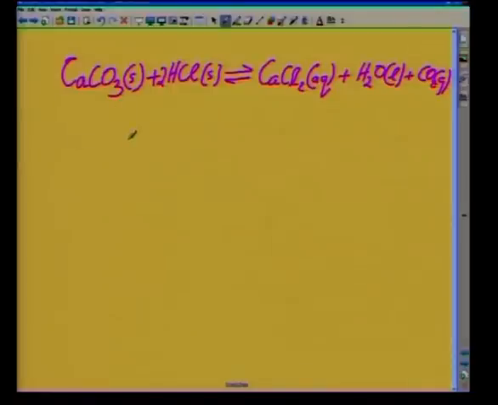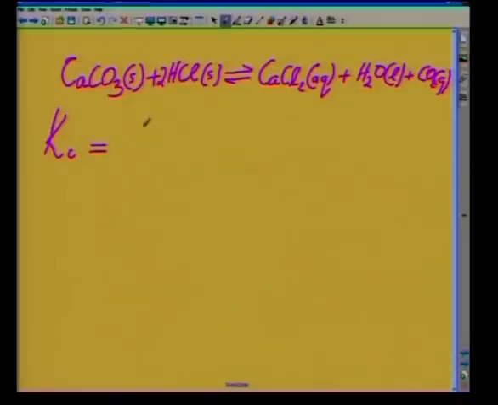Now, if I were to write the equilibrium constant expression for this particular chemical reaction, following all the rules that is given to me, that there is no concentration for a solid and there's no concentration for a liquid, and therefore may not form part of my Kc expression.